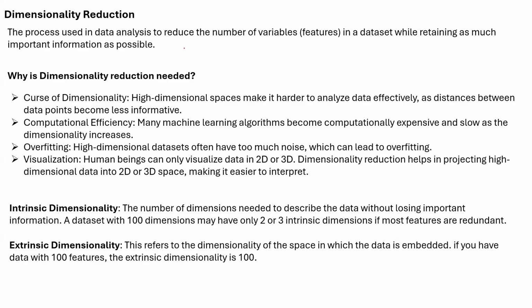The one thing we have seen is that in higher dimensions, the distance metrics are becoming useless, which we call the curse of dimensionality. The second thing is it is hard to visualize higher dimensions, so visualization would be easy in lower dimensions.